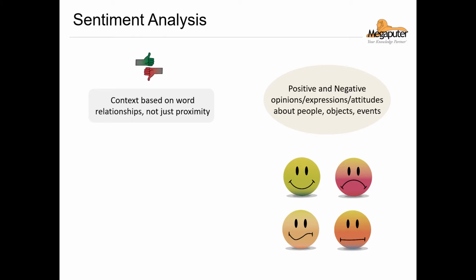So for example, consider how the word low is negative when we're talking about a low quality. But when in the context of discussing a low price, the word low is considered a positive sentiment. And this is just one example of why considering both word relationships and word proximity provides higher accuracy when we're trying to understand the context and sentiment of a statement.